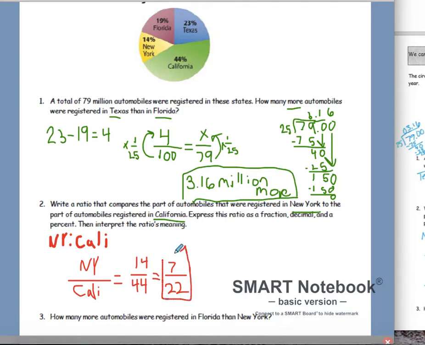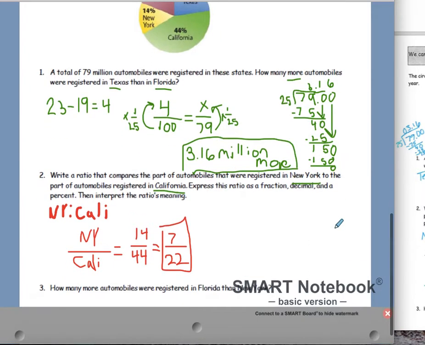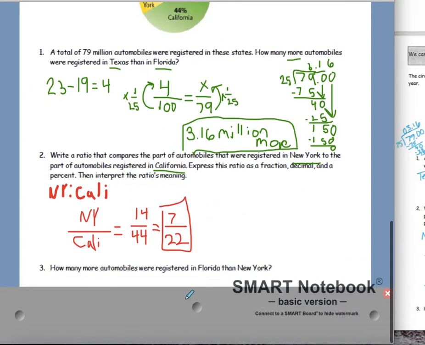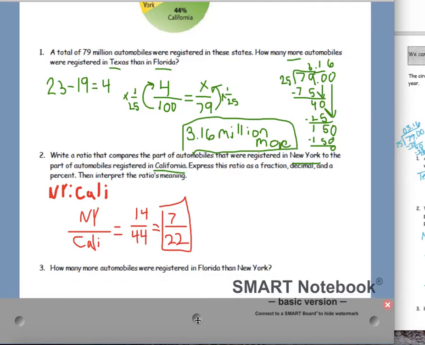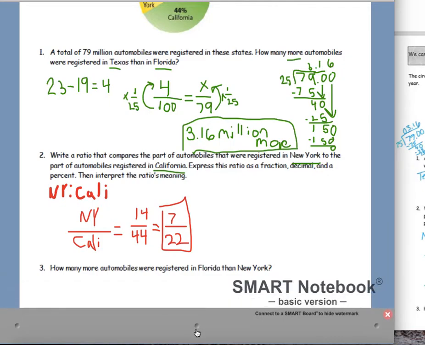So there's our fraction. Our decimal, if we divide this out, we have, actually go ahead and pause this video and start to divide 7 over 22. And when you think you have your decimal, push play and I will share the answer.